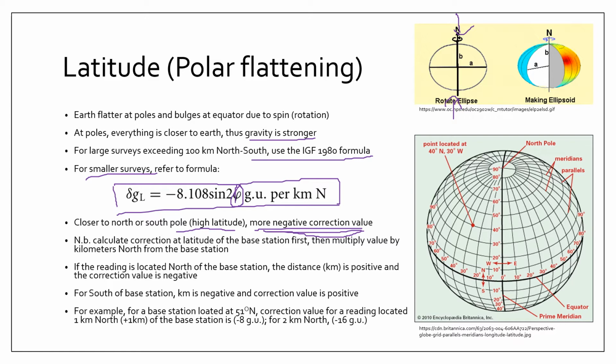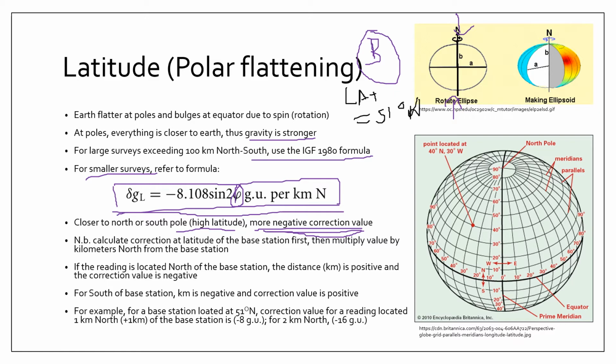Now the procedure to use this formula is, first you calculate this value. So you first go to your base station, all right, and then you determine the latitude in that base station. So let's say the latitude is 51 degrees north.